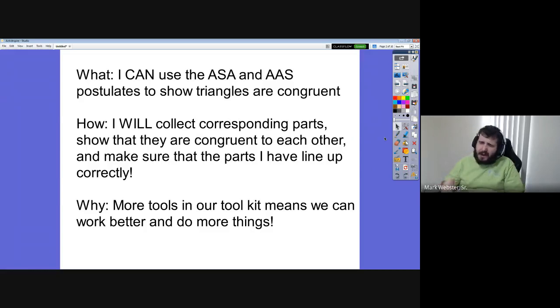Before, we only had two ways to show congruence, and only certain situations that we could show. Now that we have these two new tools, we're going to have even more diagrams and even more configurations of information that we can work with.